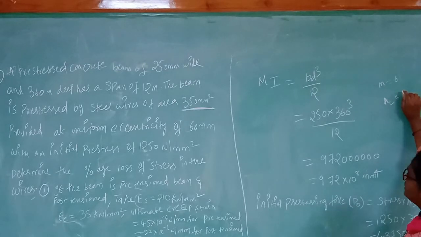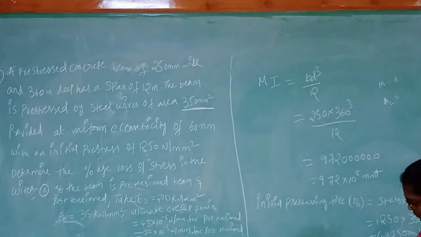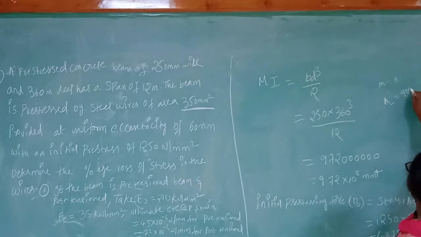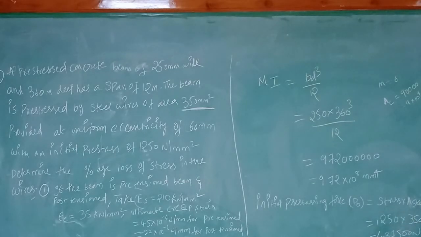How much have we got? 250 into 360, the area. Next, I is equal to 9.72 into 10 to the power 8 mm to the 4.